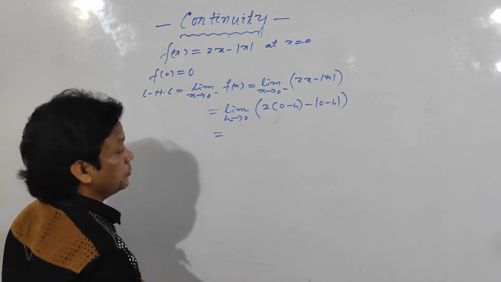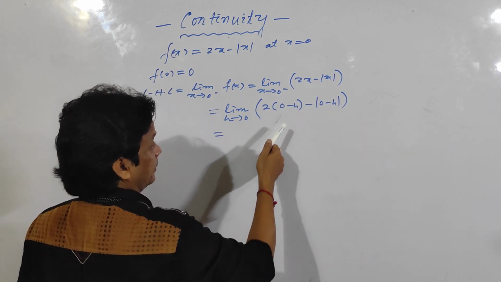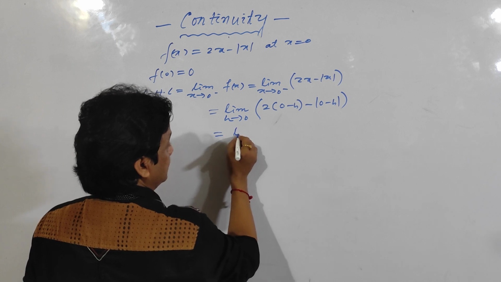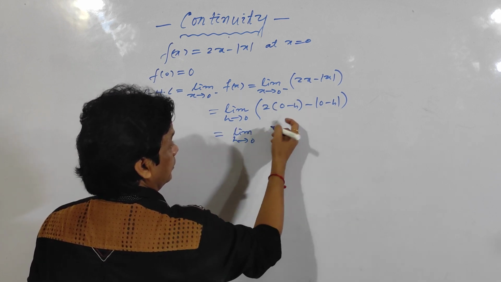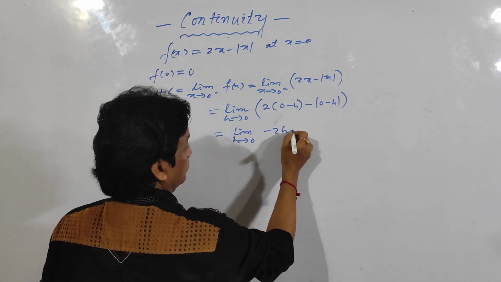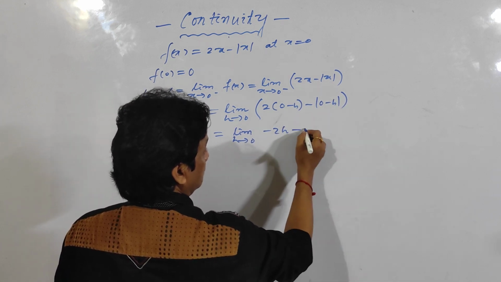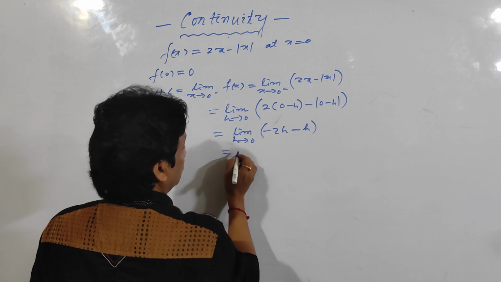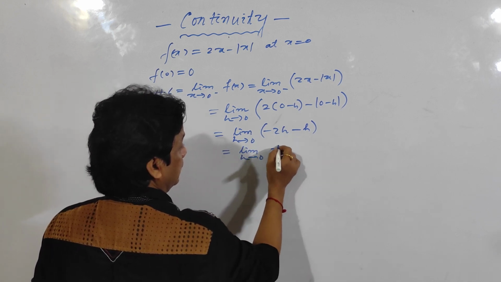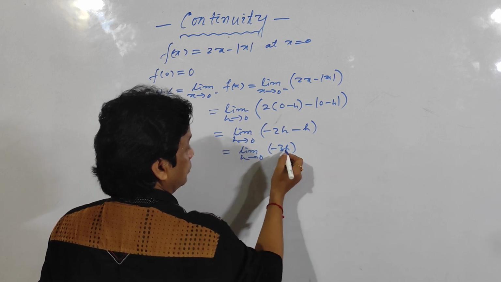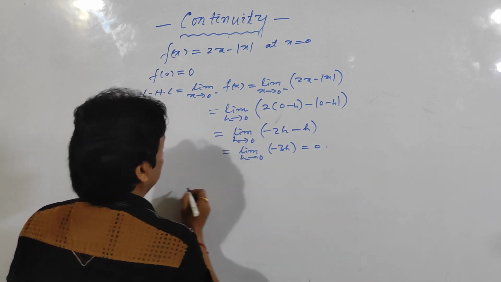Clear? So if you write like this, it will be minus 2h. So minus modulus of minus h is h. So it is limit h tends to 0, this is minus 3h, and if you put h is equal to 0, so minus 3 into 0 is 0.